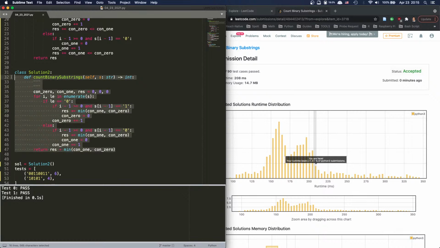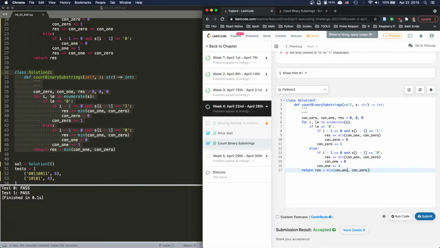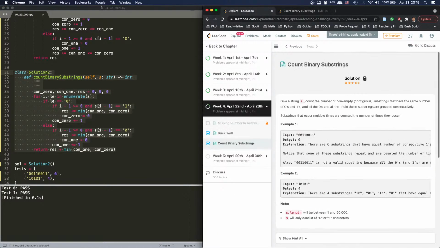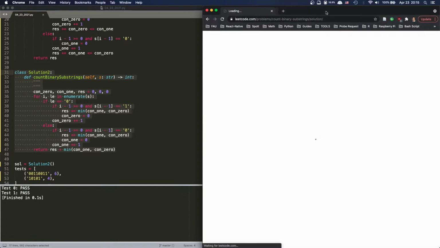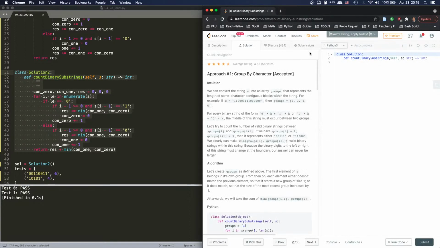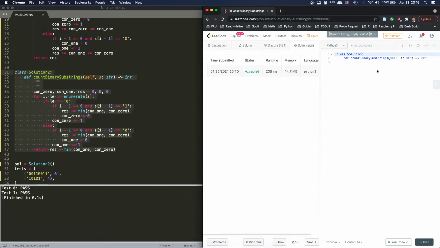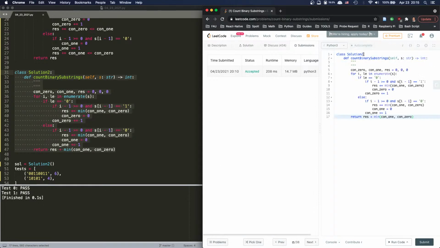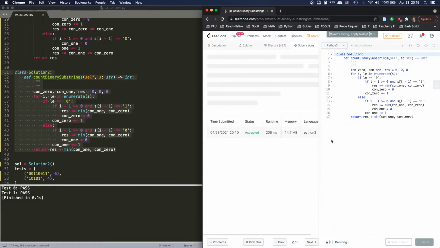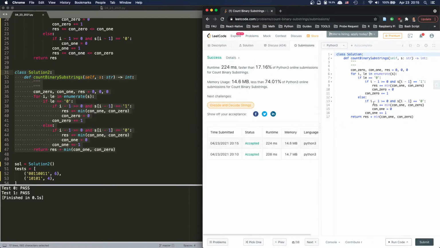So let's see how long this one takes. Actually, we can go to the solution and check here, so we can see the runtime immediately. Hopefully this one's faster, because I think it has fewer additions. No, it's not.